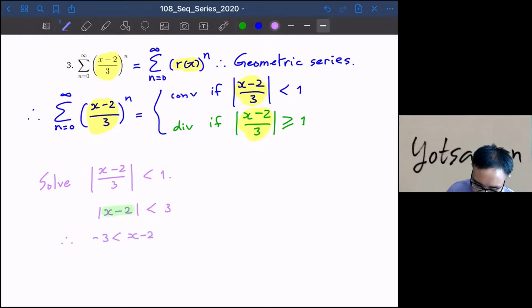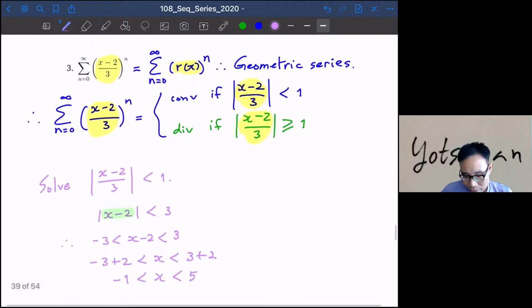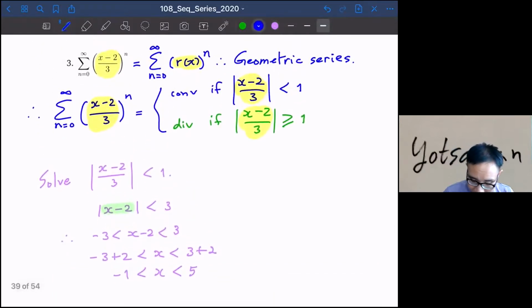This is elementary algebra. You have negative 3 plus 2 smaller than x smaller than 3 plus 2, so it's negative 1 smaller than x smaller than 5. After you solve this one, you get the interval x between negative 1 and 5.